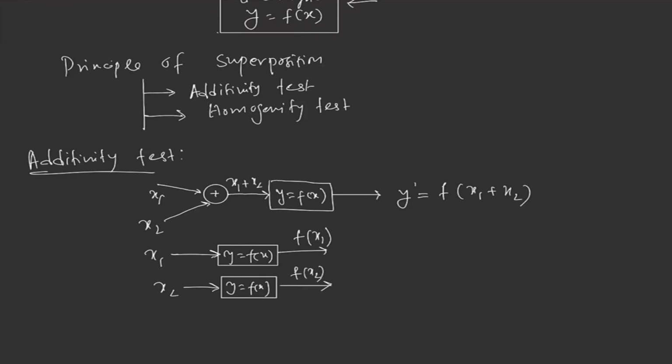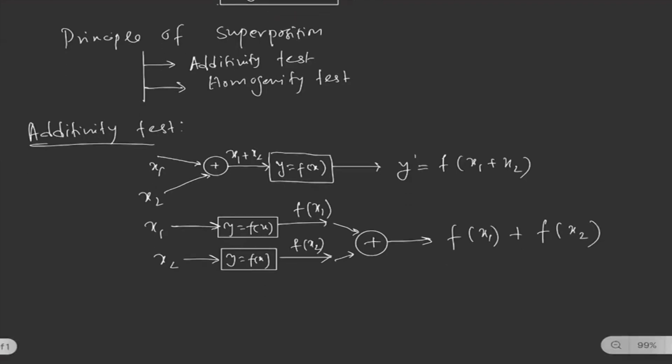And if you sum both outputs at the summing point, we have the output f of x1 plus f of x2.